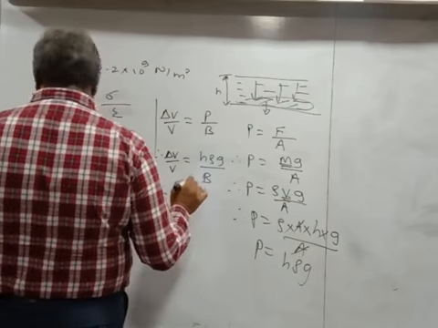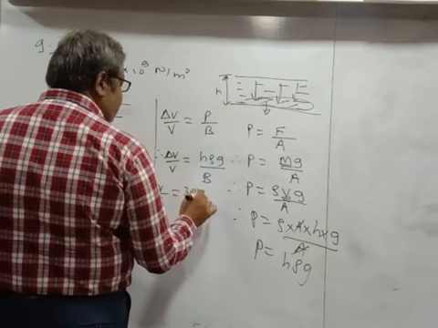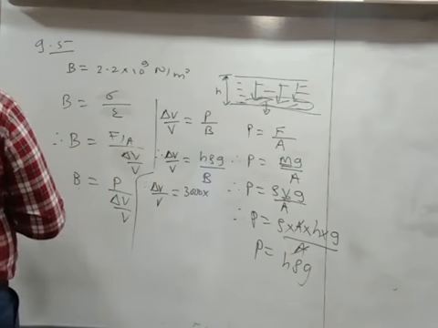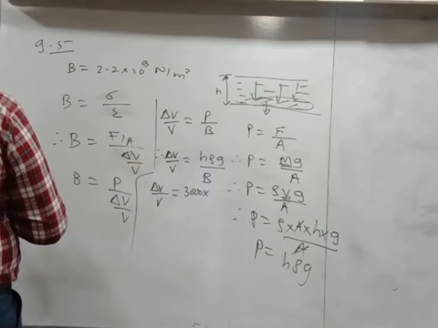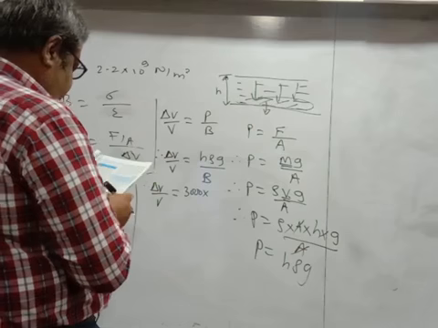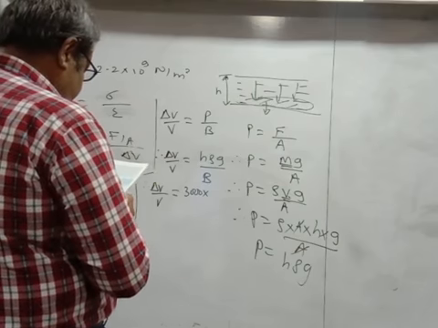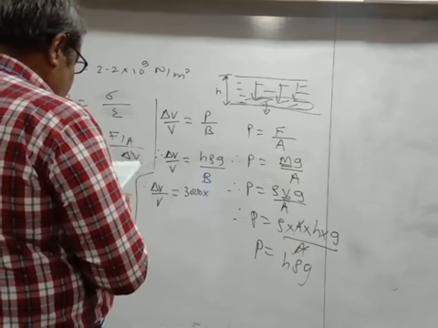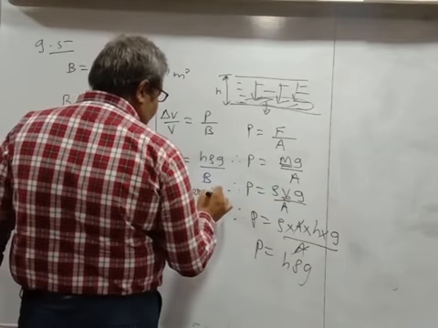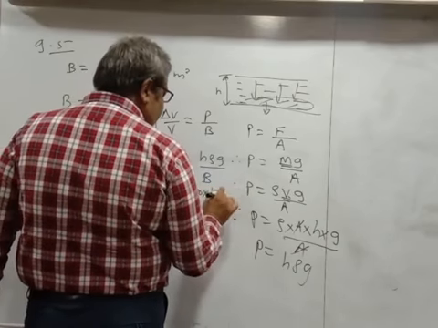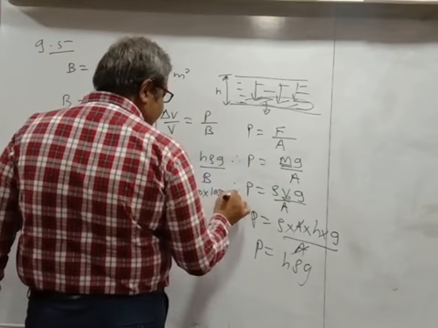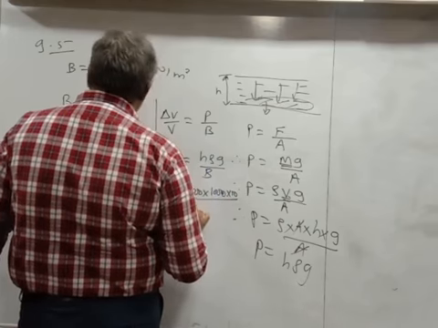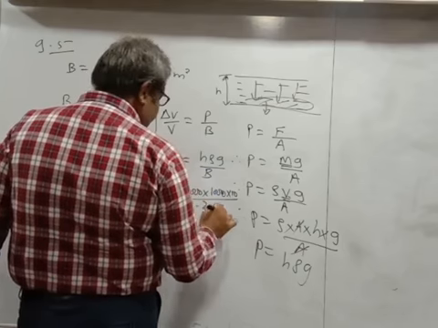The value of H is given here as 3000 meter. The density of the water is not given, so let us take the density of water as 1000 kilogram per meter cube, and g, divided by B. B has the value 2.2 into 10 raised to 9.